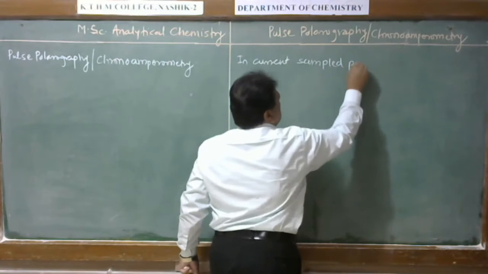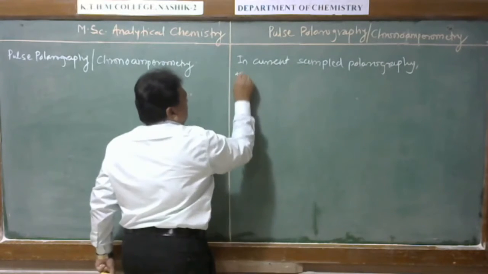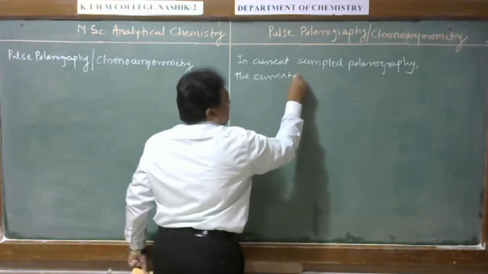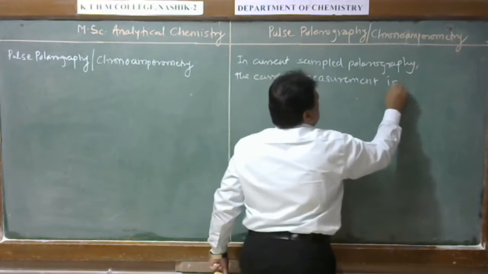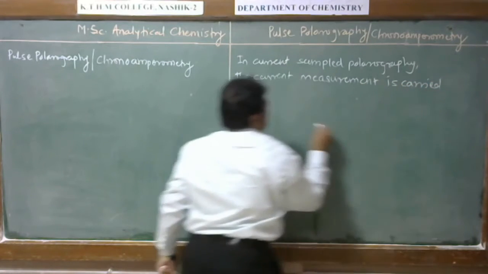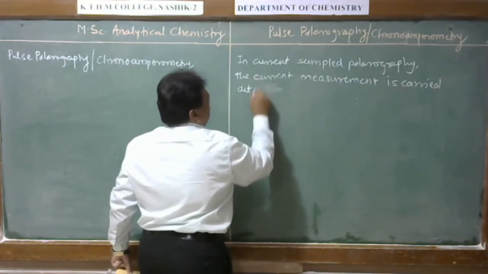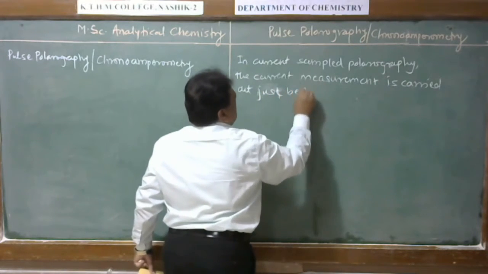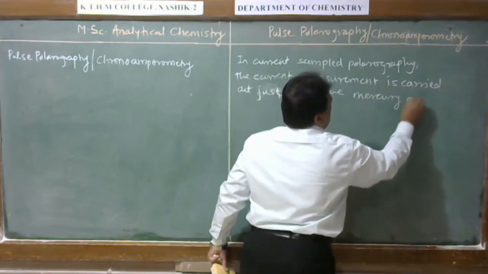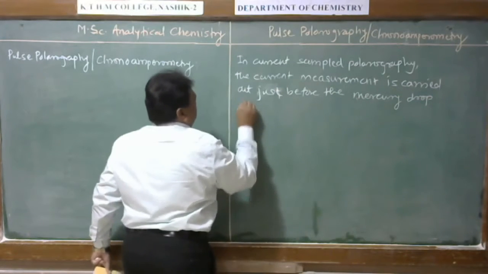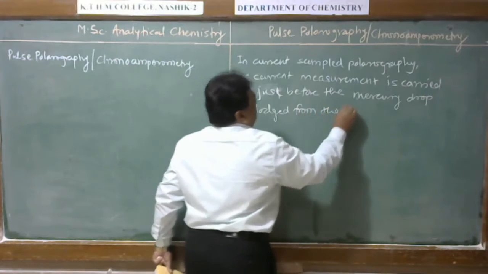polarography, the current measurement is carried out just before the mercury drop is dislodged from the tip of the capillary.